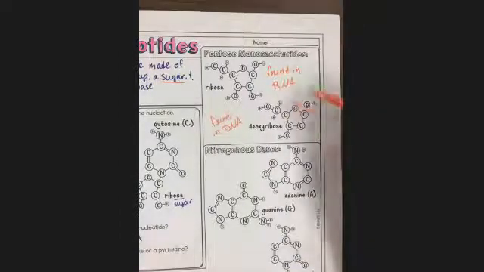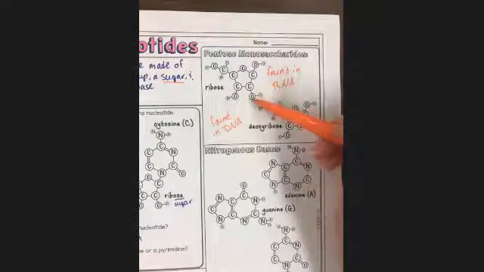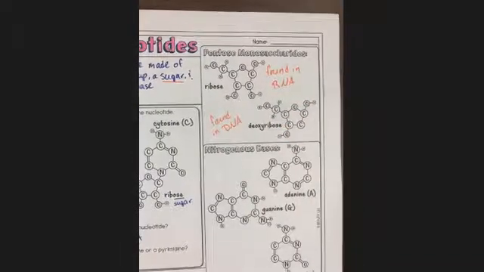The only thing that's differing is this hydroxyl group in this corner carbon. Deoxy is without oxygen, so it's not going to have that hydroxyl group. You don't need to know that, but just in case you were wondering. So ribose is found in RNA, deoxyribose is found in DNA. I'm going to scoot on down.